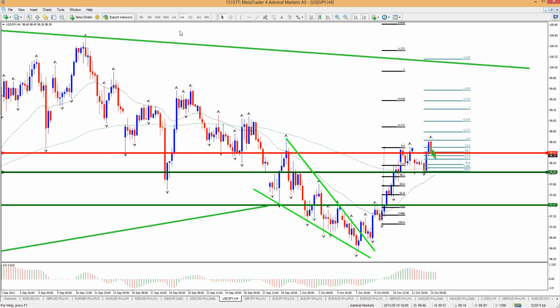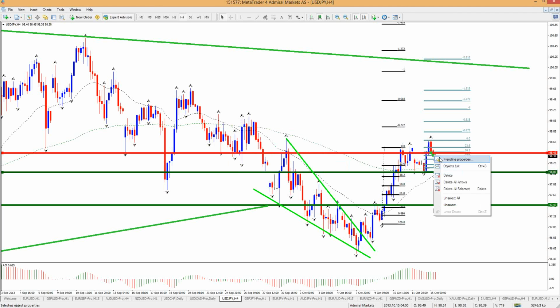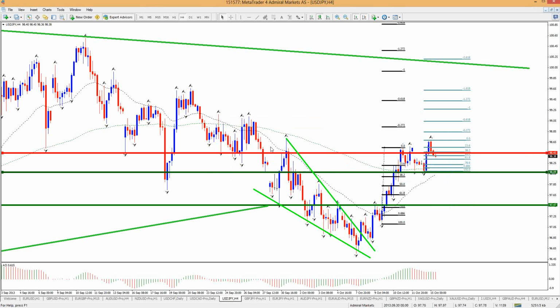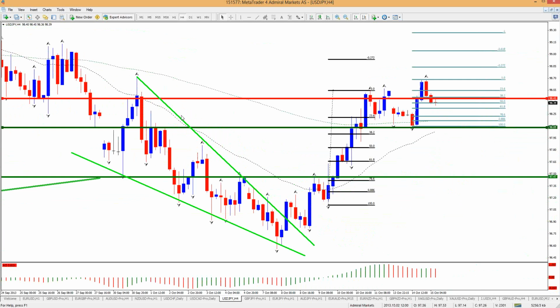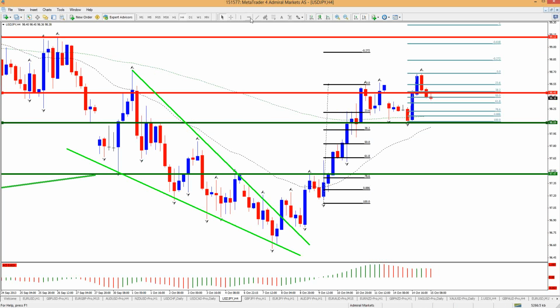Dan Kalen says the 4 hour previous high. So let's go to the 4 hour chart. The previous high here is in fact still up here indeed, 99.12.